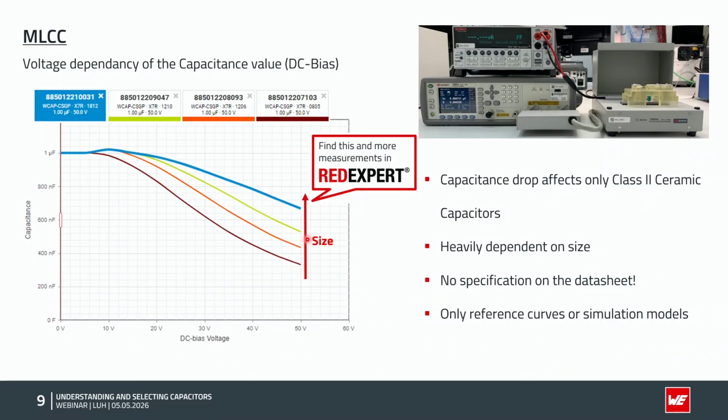So if you try to reduce the size of your components or of your system, please take care that the capacitance is sufficient for your design and that you are not facing any problems because of this behavior. So you see that capacitance will drop more if the size of the capacitor gets smaller, because the capacitors are more dense, so therefore the effects are more dominant.